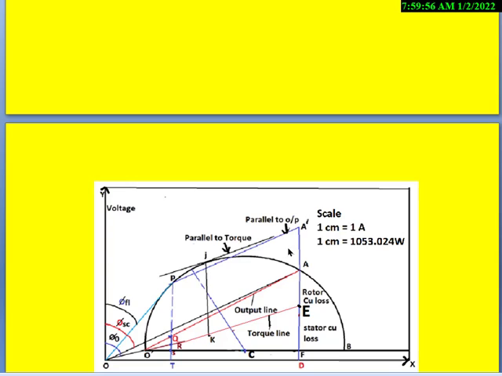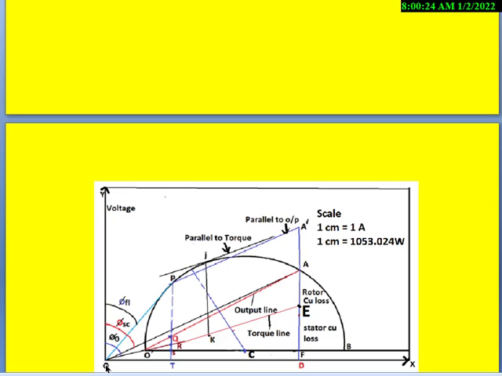Now draw a parallel line, the output line, from A dash, that cuts the semicircle at point P, A dash to P like this. This point P should be connected to the point O by a line like this.